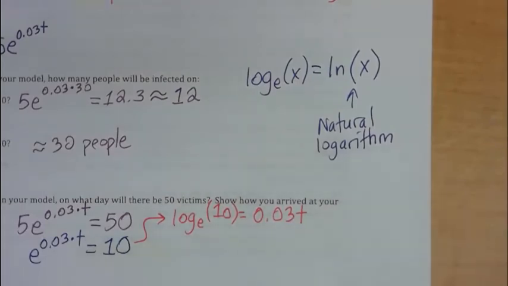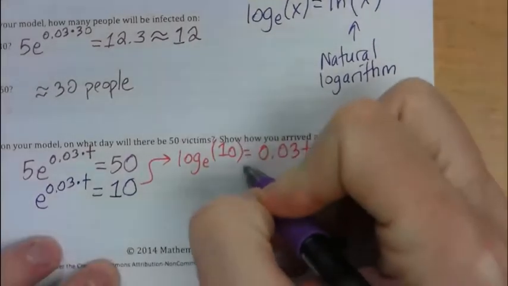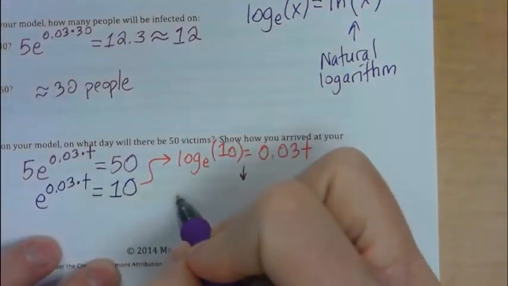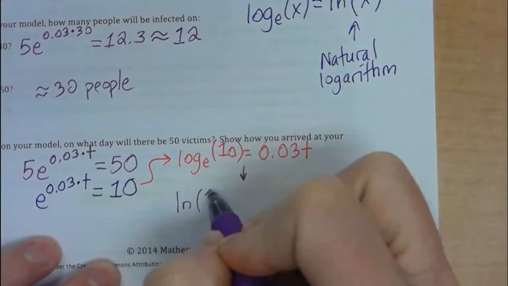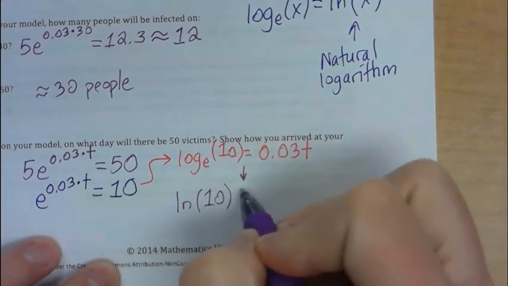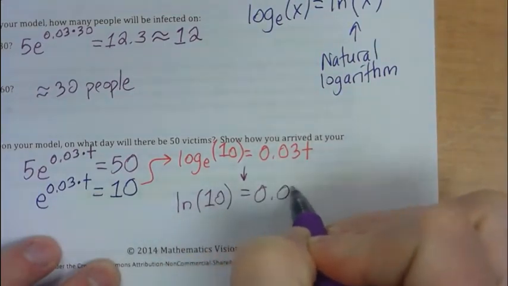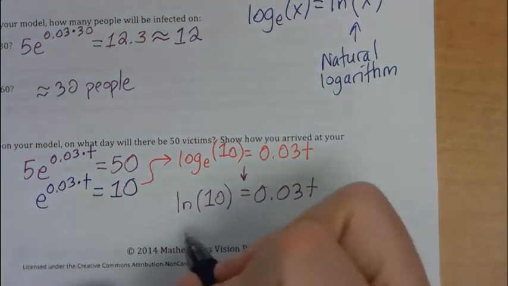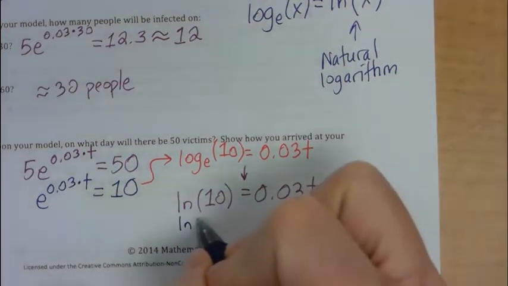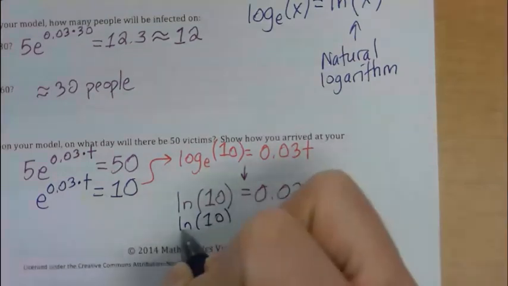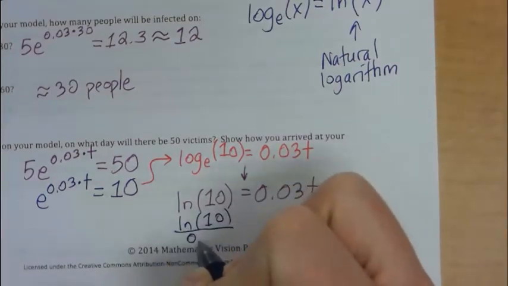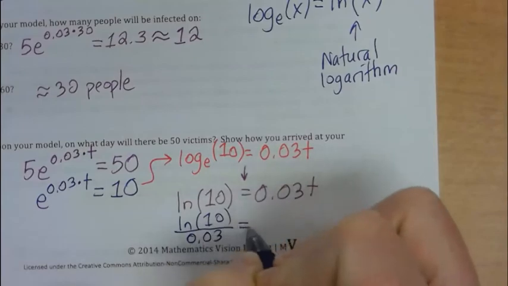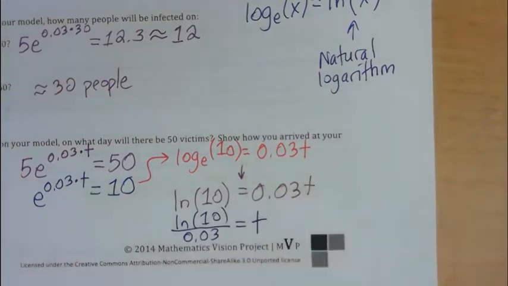So what really is going to be happening in our problem down here is that we're going to be writing that as ln of 10, our natural log of 10, would equal 0.03t. Then I would just be dividing both sides by 0.03. So natural log of 10 divided by 0.03 equals t.